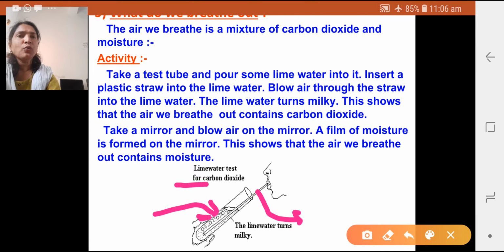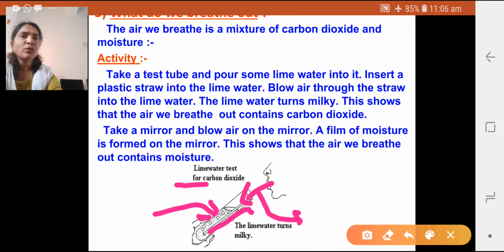Now see, the person is blowing air into the straw, and from the straw the air goes inside the test tube. When the air goes inside the test tube after blowing, it shows that your breath out, when you blow air, is nothing but your exhaled breath.